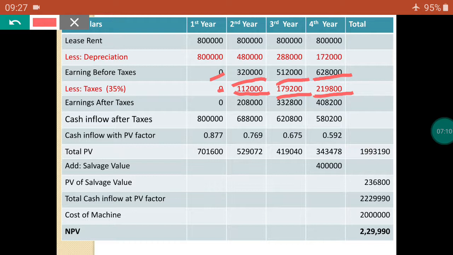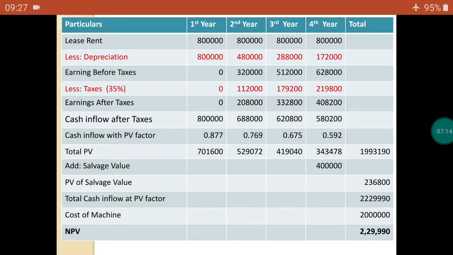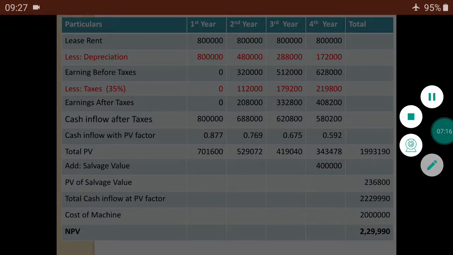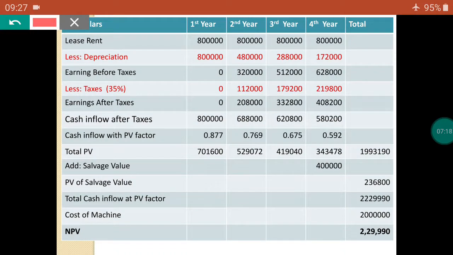After getting taxes, we need earnings after taxes. How to calculate earnings after taxes? Earnings before taxes minus taxes. 0 minus 0 is 0. 3 lakh 20,000 minus 1 lakh 12,000 equals 2 lakh 8,000.